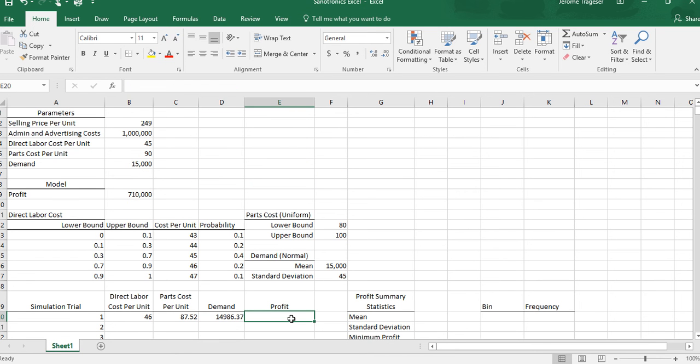And with the profit here, it's very similar to the profit equation we used before. It equals the selling price per unit, which we want to be absolute, minus, now we're going to use these costs down here, the randomly generated selections, our direct labor, minus the parts. All of this will be multiplied by the demand that we found here.